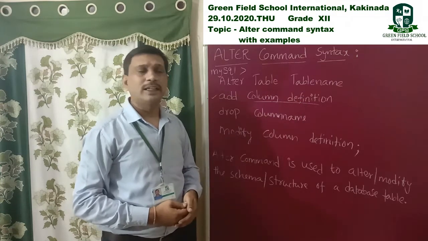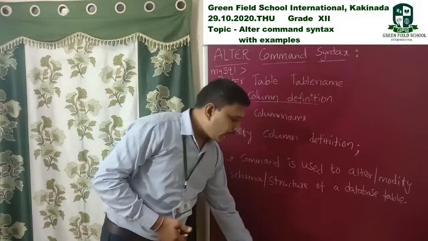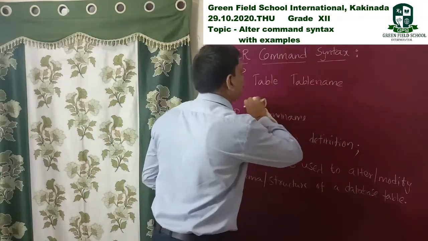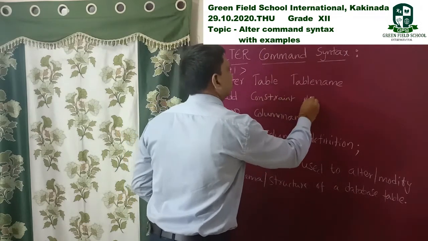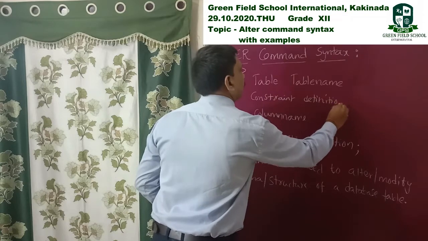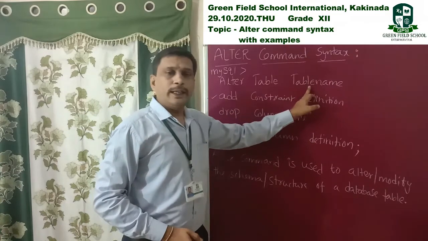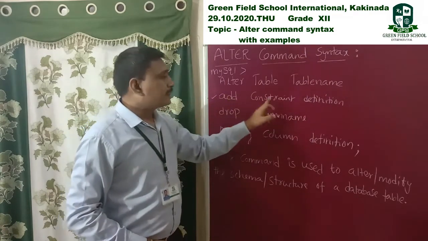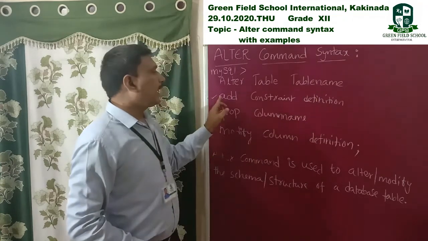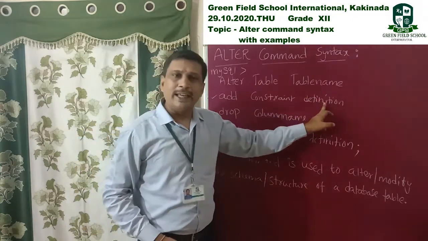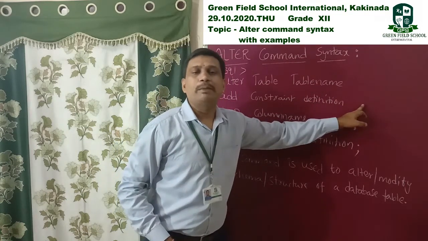Constraint definition means, alter table name, and here I specify the constraint definition. How to specify the constraint definition? Alter table name, add constraint definition. Constraint definition means we specify here add, the name of the constraint, and the type of the constraint.